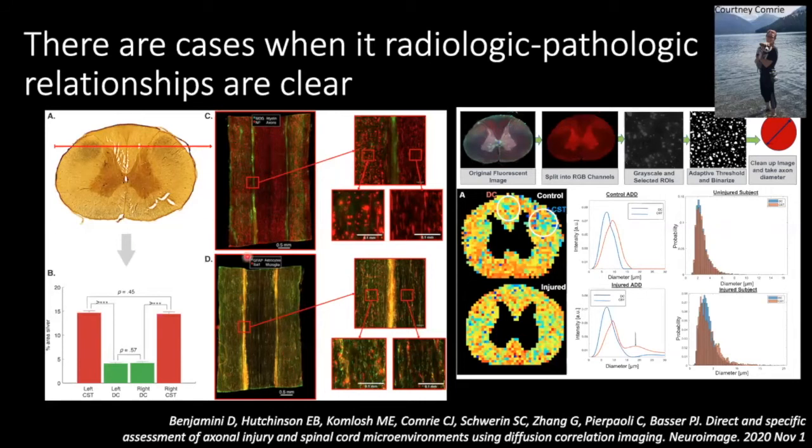Sometimes, as in this case, you are using double diffusion encoding to try to map an axon diameter distribution. And you can look at the histology and get a ground truth axon diameter distribution. This is something that a graduate student in my lab, Courtney, did on the histological side. We collaborated on this study by Dan Benjamini and Peter Basser's lab, where we just provided some of the histology and the tissue.